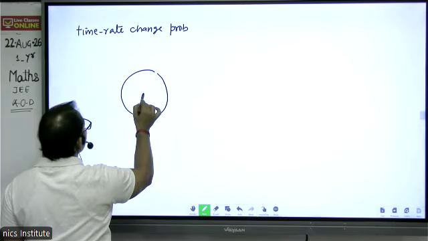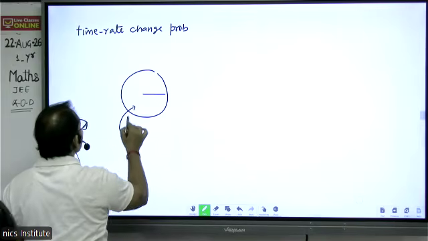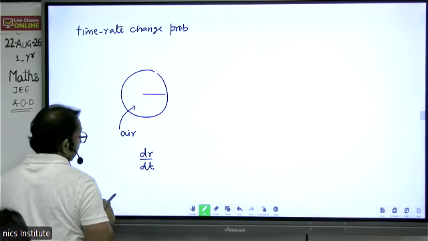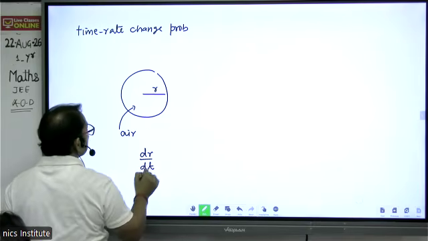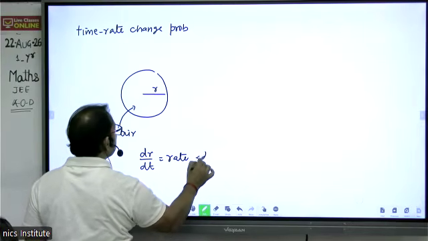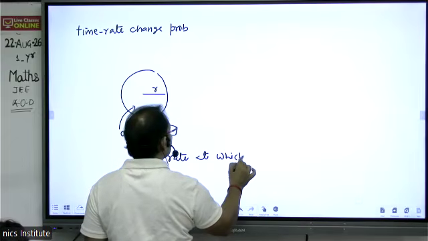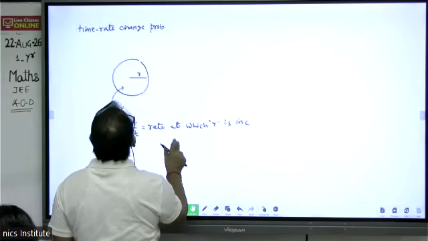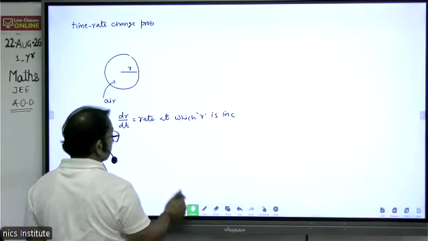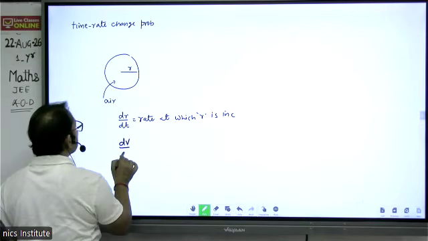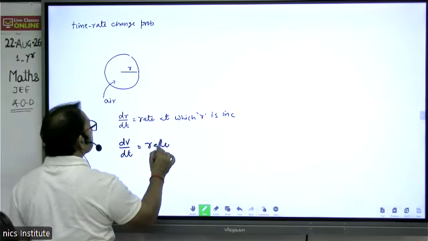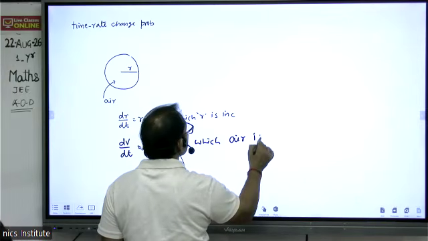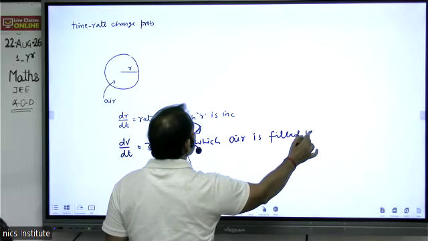For example, if you have a balloon and you fill air in this balloon at some given rate, dr by dt is the rate at which the radius is changing or increasing, and dv by dt is the rate at which air is filled up in the balloon.